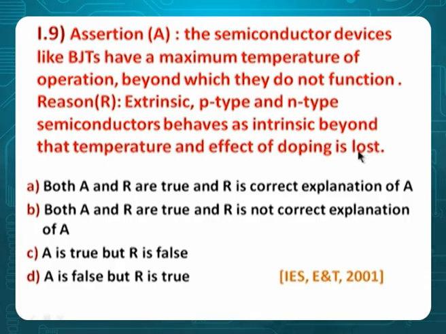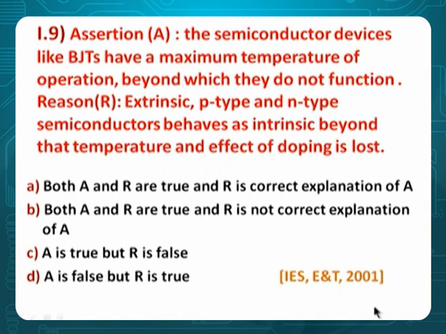If you go on increasing temperature, the Fermi level goes on shifting, and they become intrinsic semiconductors. That's why, as I already discussed in semiconductors, at extremely high temperature an extrinsic semiconductor acts as an intrinsic semiconductor. Therefore, that is also true.